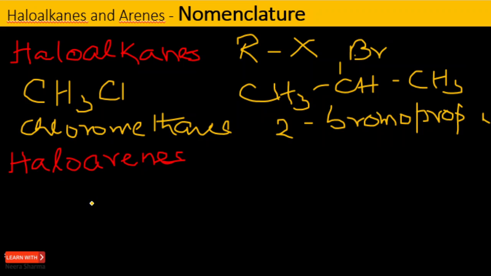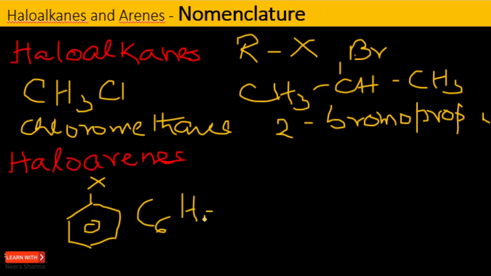In general, if I have a haloarene, we have benzene and a halogen attached to benzene. These are haloarenes, or aryl halides. We write it as C6H5X.